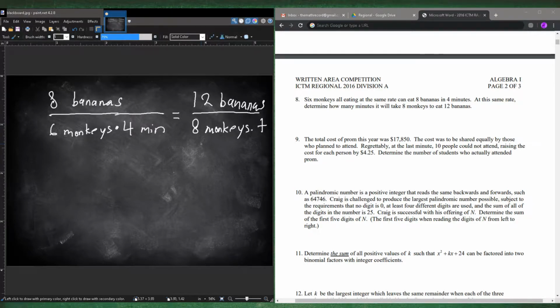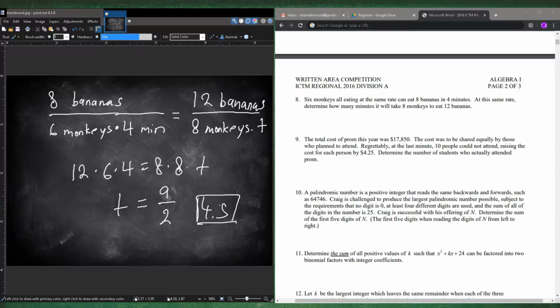So setting up this equation, we know that cross multiplying, 12 times 6 times 4 is equal to 8 times t. So that means our t is equal to, using our calculator, 12 times 6 times 4 divided by 8, which is equal to 9 over 2, right? So that would be about 4.5 minutes. So you can write 4.5 or 9 over 2. Doesn't really matter.